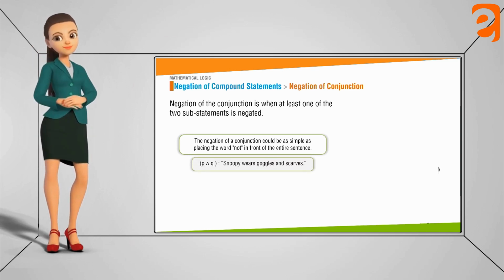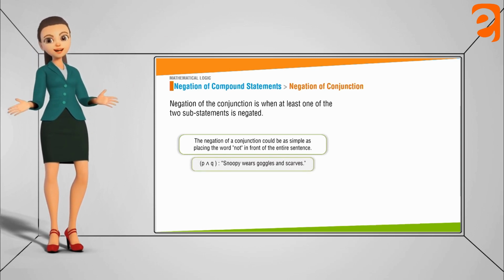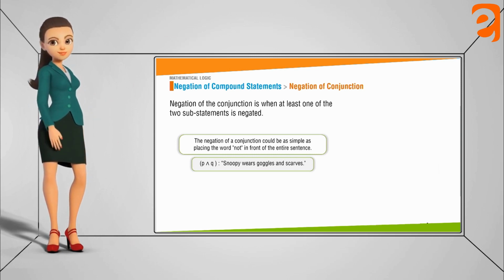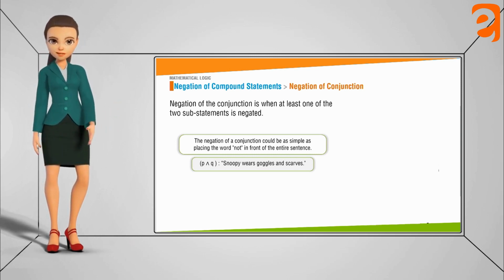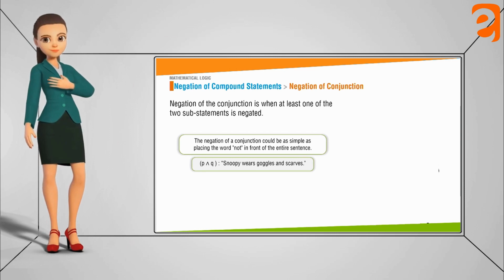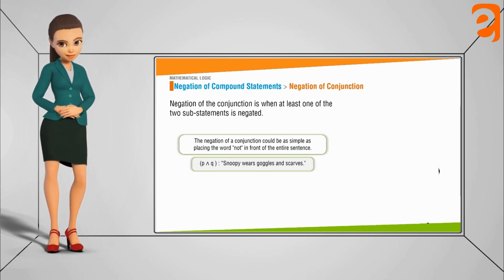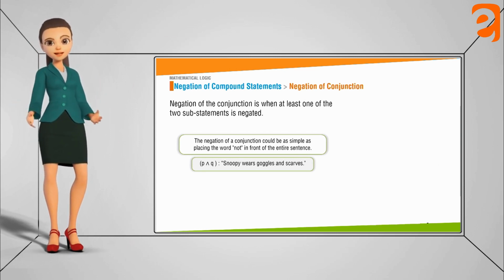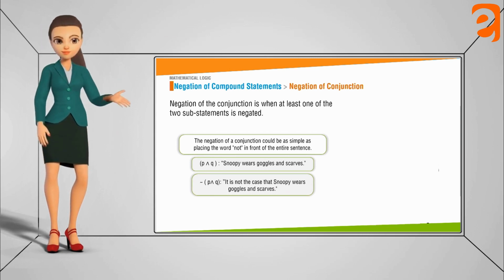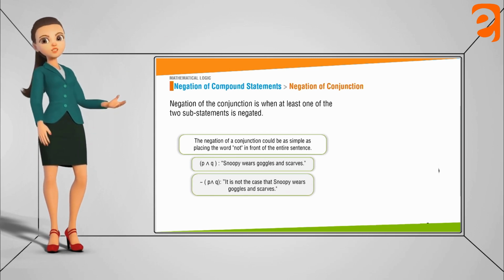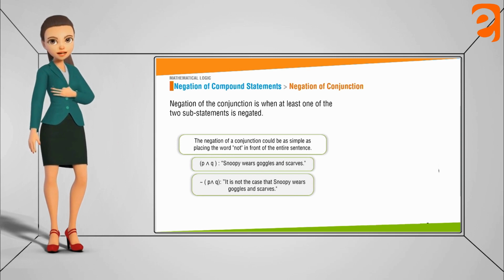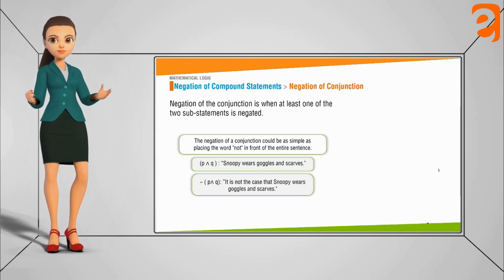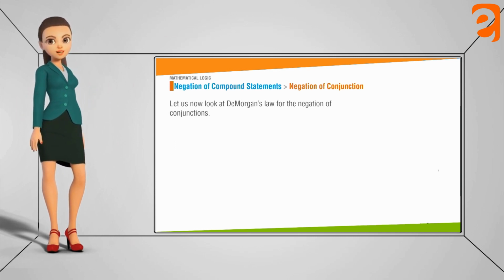So, negation of a conjunction could simply be placing the word not in front of the entire statement. For example, you have a conjunction of two statements: Snoopy wears goggles and scarves. What would be the negation of this conjunction? It is not the case that Snoopy wears goggles and scarves.